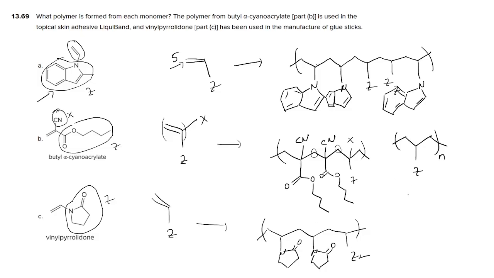But again, you can also do just one repeating unit, so we can do it that way. So this is the pyrrolidone ring. There's a carbon here, so I will place from here to here. So let's say this is N.